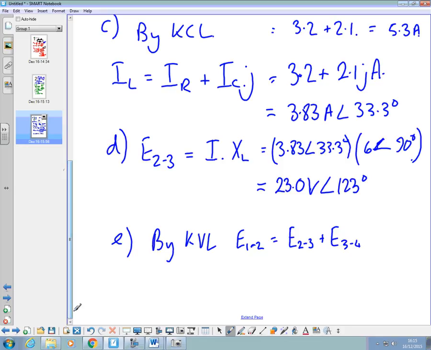So effectively, we're going to add these two together. So the best form to have them in for adding is, E34, we know, is 80 volts, angle 0. Therefore, it's just 80 and 0J.